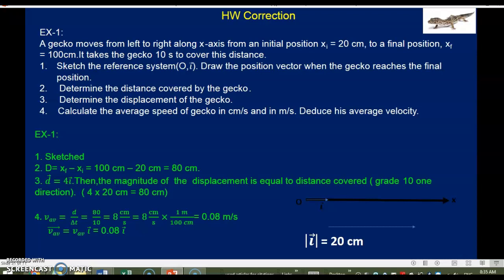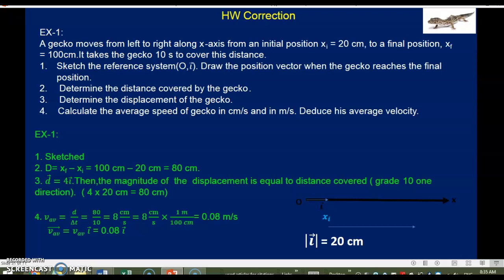So let's first locate the initial position and the final position, then represent the final position vector. xi is 20 centimeter, this means 20 centimeter away from the origin, so it's going to be at this point. And the final position is equal to 100 centimeter, this means 100 centimeter away from the origin.